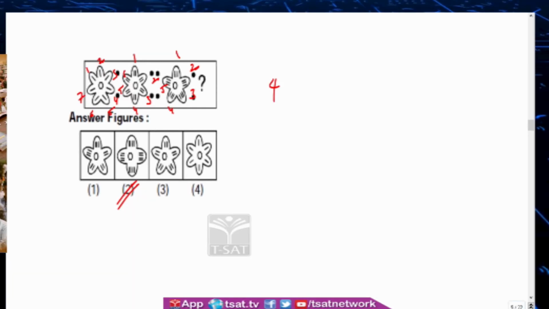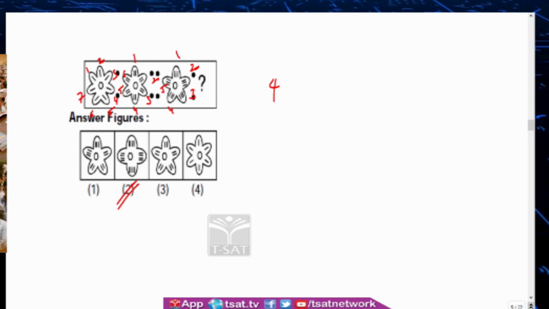hexagon. Now see, in this particular figure you have a flower outside with only one line inside, and if you are asking the relation between these two, the number of outside flowers is 1, 2, 3, 4, 5, 6, 7.